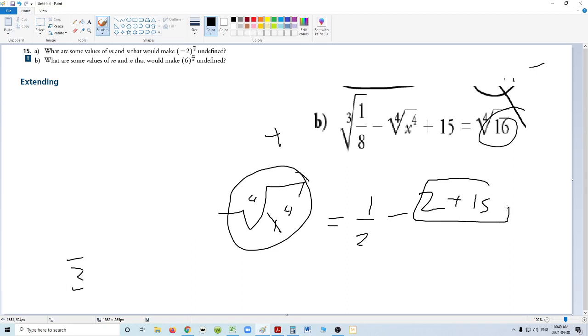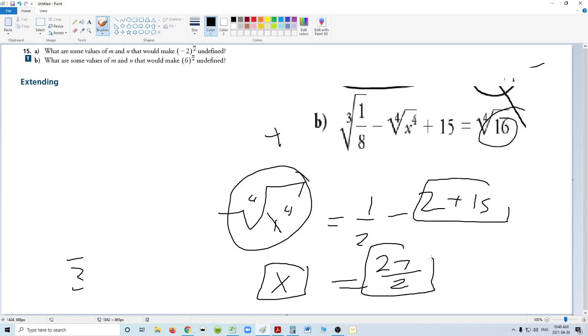And minus 2 plus 15 is 13, 13.5 is that. And 13.5 is the same as 27 over 2. So x is equal to that.